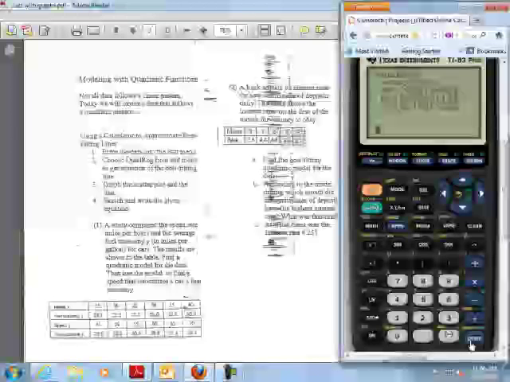You'd want to write down these values to about 3 decimal places. So our equation would be y is equal to negative 0.008x squared plus 0.746x plus 13.472.